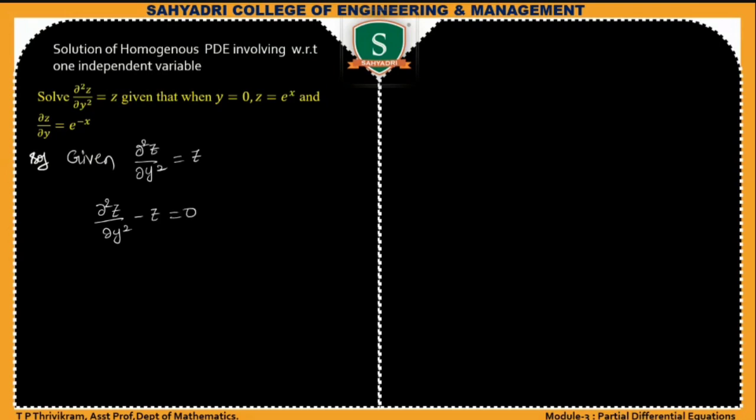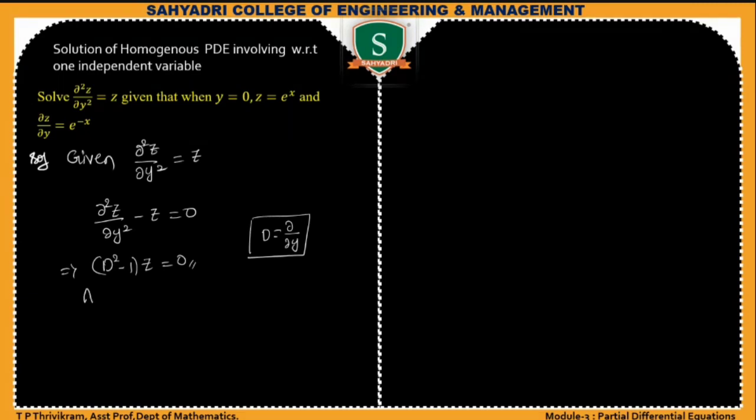This implies (D square minus 1) into z equal to 0, where D is equal to dou by dou y. So D square is nothing but dou square by dou y square. Now we'll solve this as usual by using ordinary derivatives.